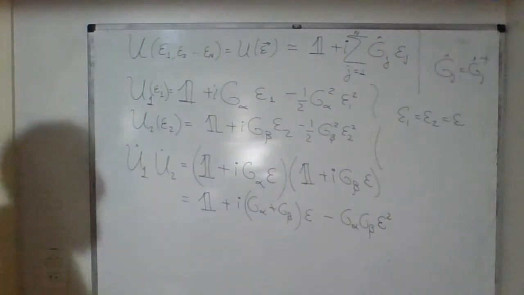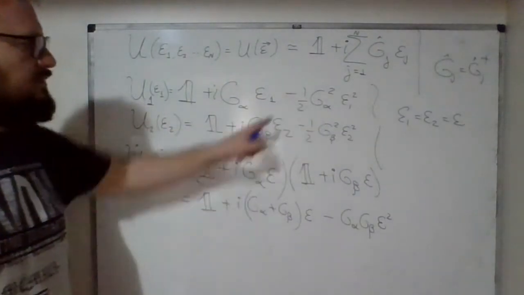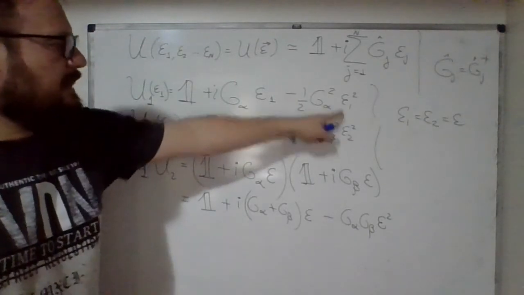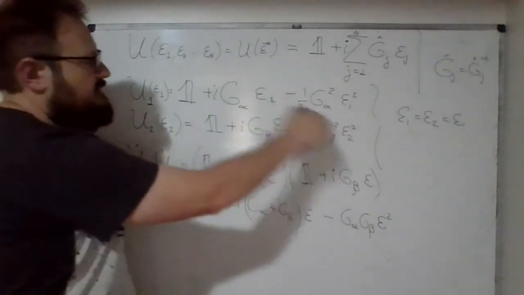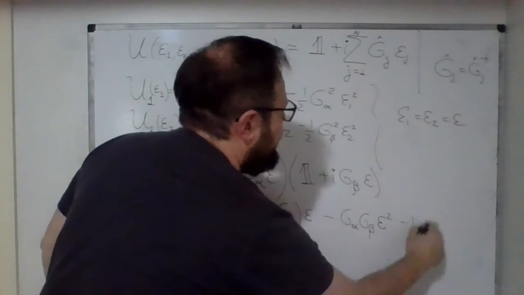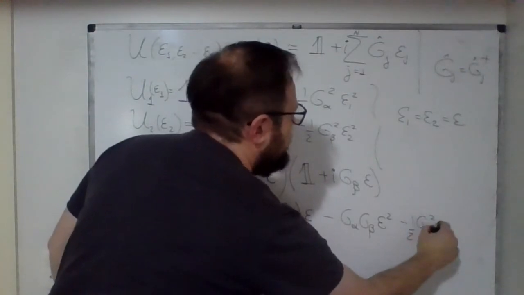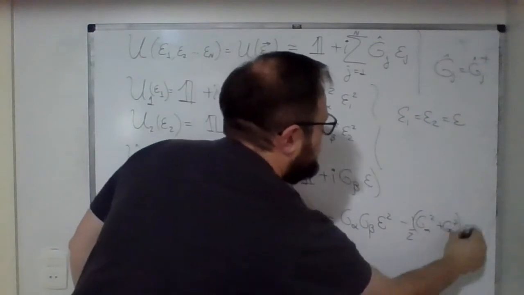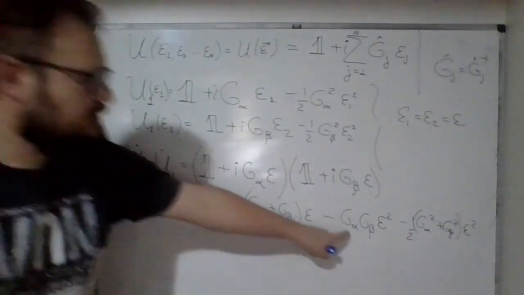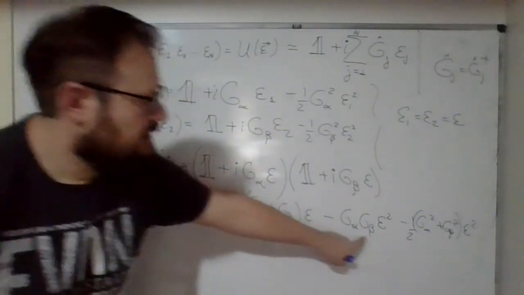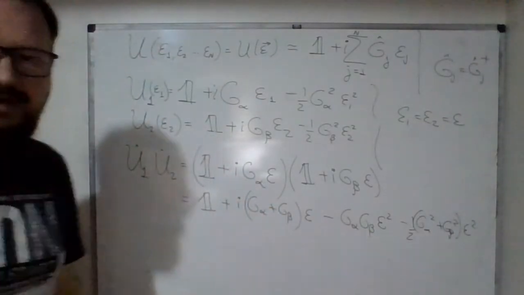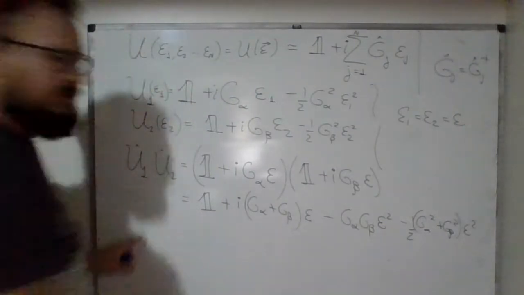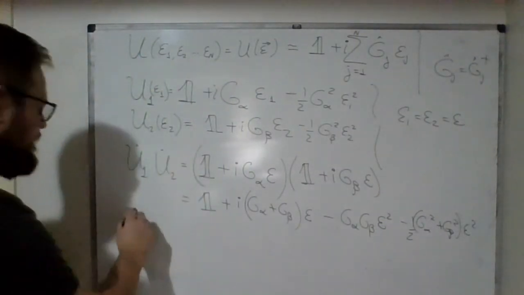All right. Of course, if you keep these parameters to order of epsilon squared, you have a minus 1/2 of g alpha squared plus g beta squared epsilon squared. All right. But what is our main concern is this term here. Notice that I can perform the calculation in the reverse order.